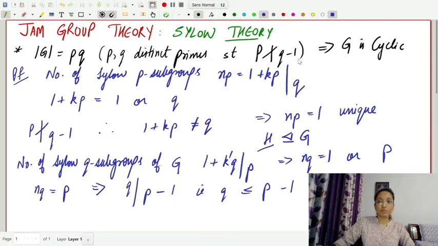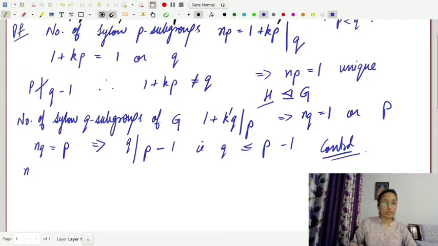So we have assumed here that P is less than Q. Hence, in this case also, we arrive that we have a unique Sylow Q subgroup of G, which we take to be K, and therefore K is normal in G.